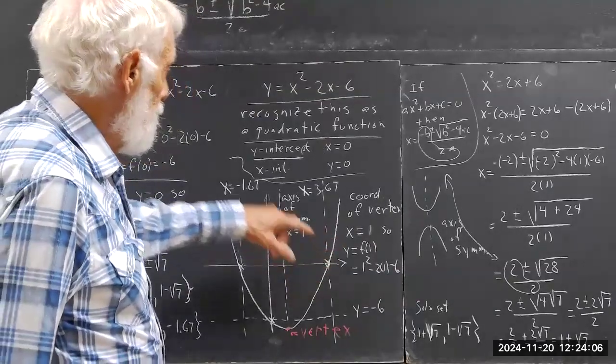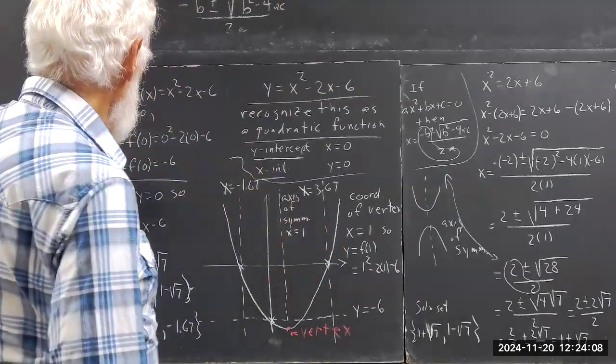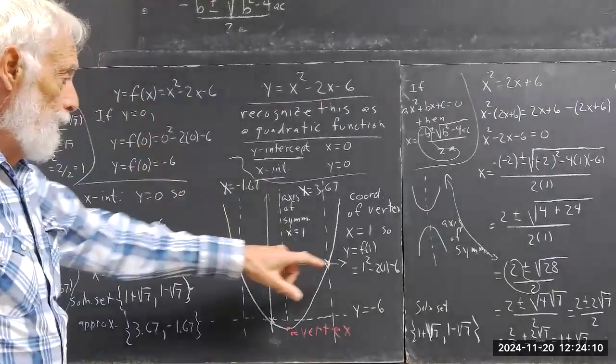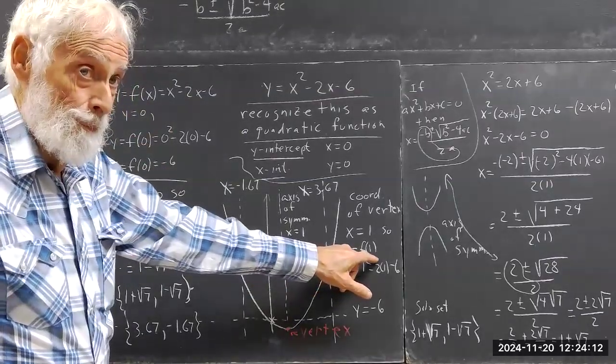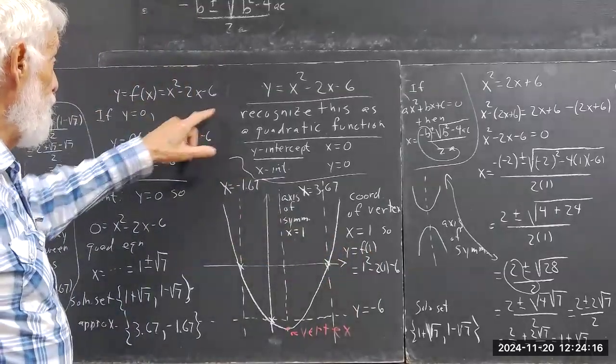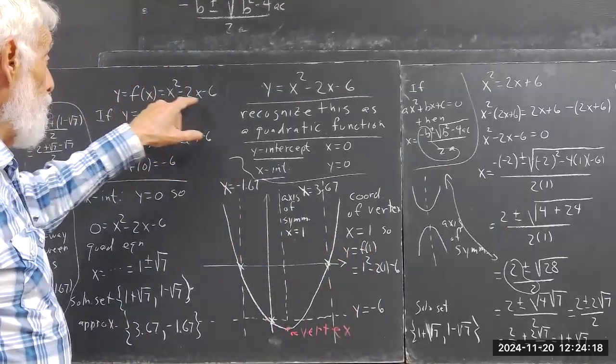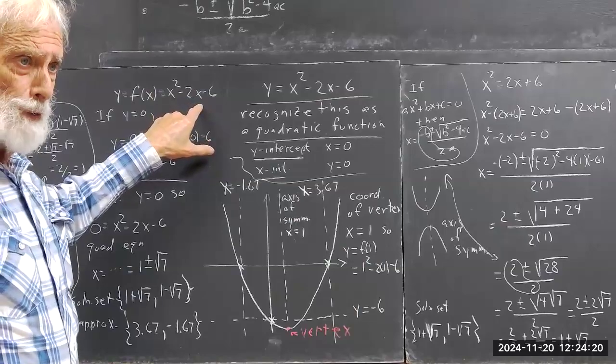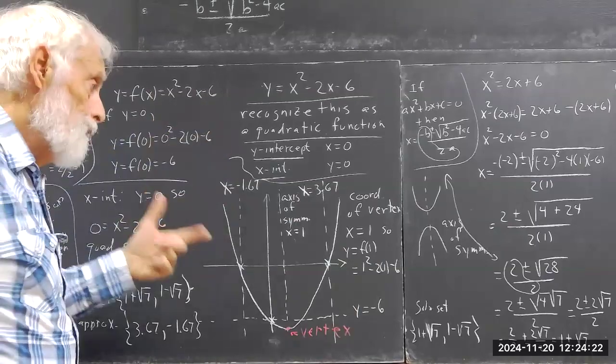X equals 1. So using the F notation that I've used over here, I'll say y equals f of 1. And if I write f of 1, since f of x equals this, then I have to make all the x's 1. That makes sense? That's important.